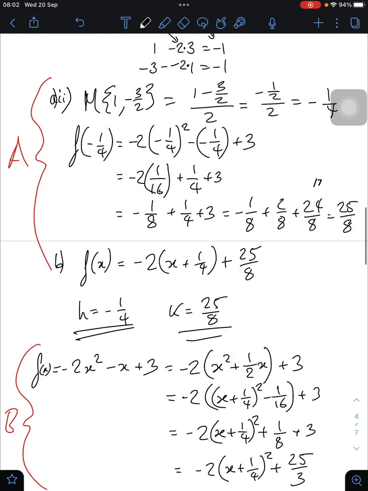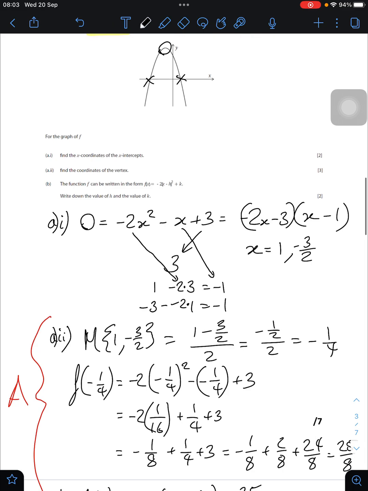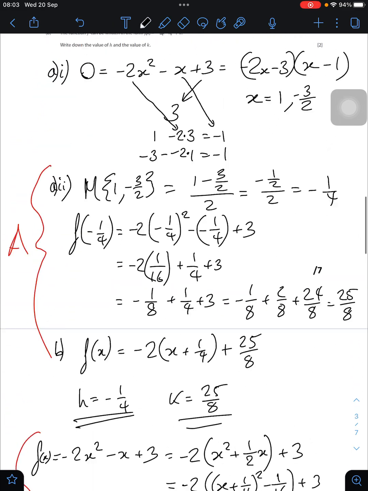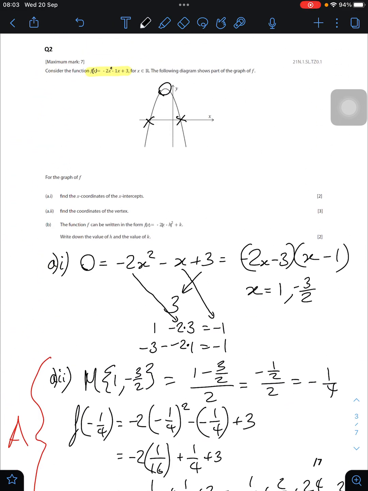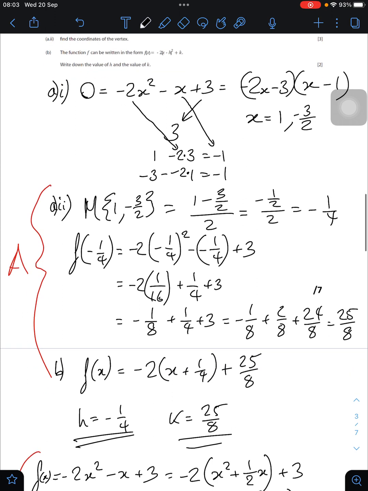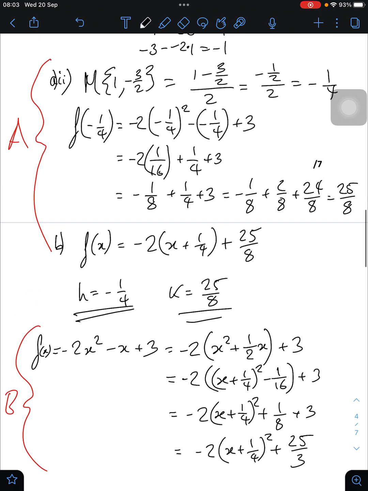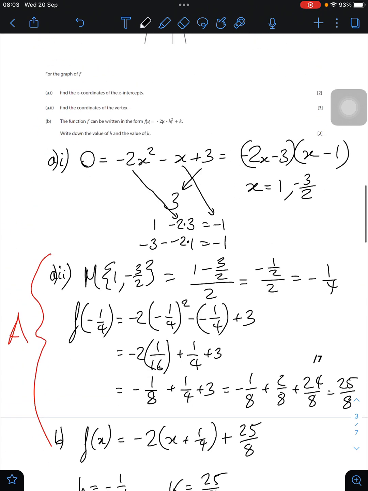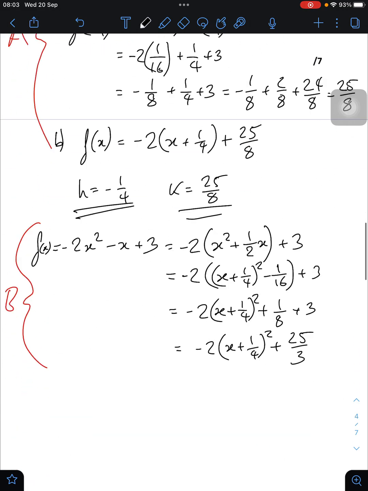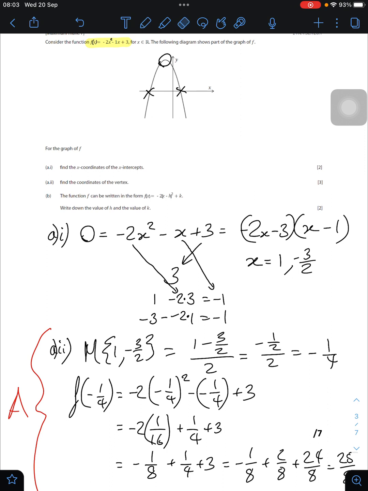There was one other method that people used, and that was looking at our turning points. If we know the coordinates of our turning point, which we did get earlier, then we can also find our values for A and B using that method, or vice versa.